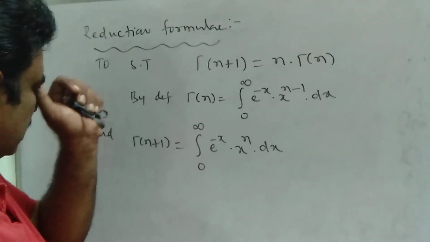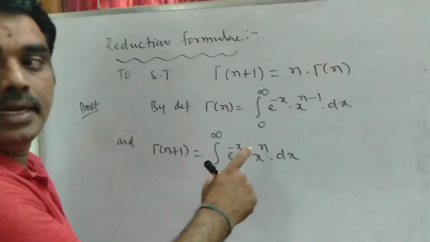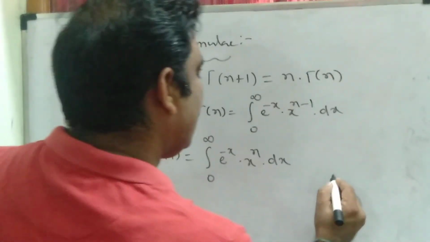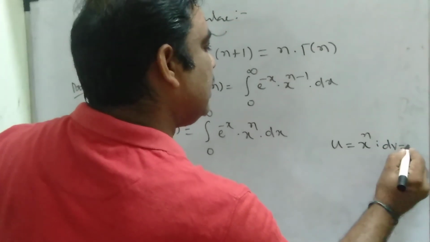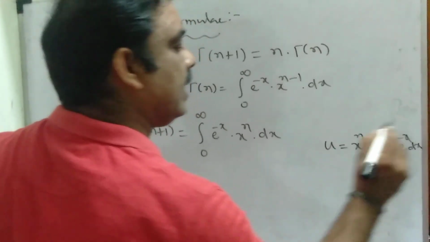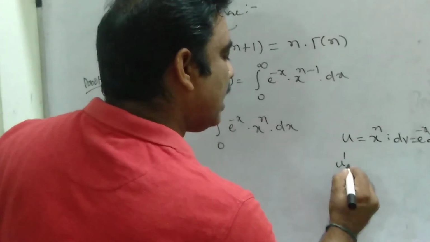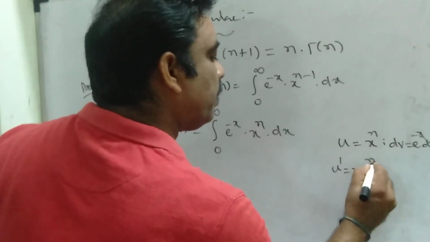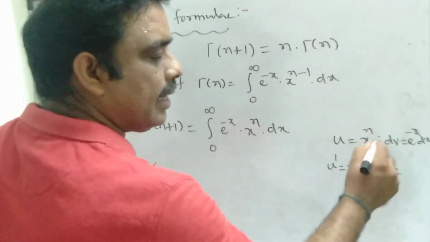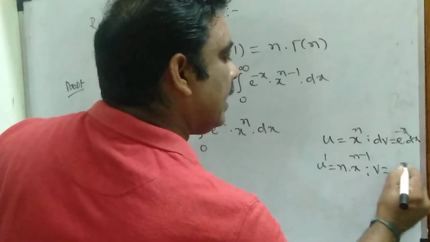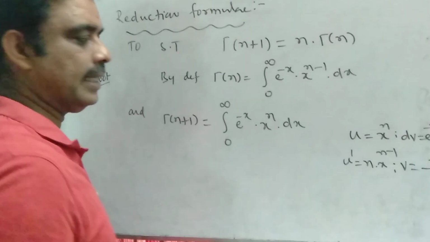Now I can use integration by parts to evaluate this integral. So take u equal to x power n and dv equal to e power minus x dx. Then u dash is n into x power n minus 1, and v is obtained by integrating dv. The value is minus e power minus x.